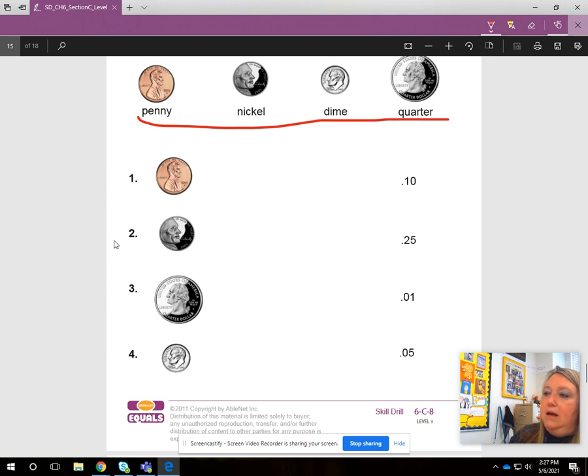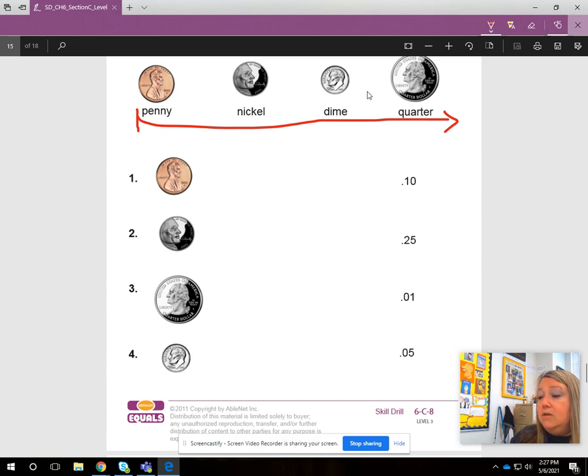Now, I'll give you a hint. The way that they've arranged these is from the smallest amount down here to the biggest amount up here. So if you know, like on a number line, which is the biggest and which is the smallest of the coins, then you're going to be in great shape.